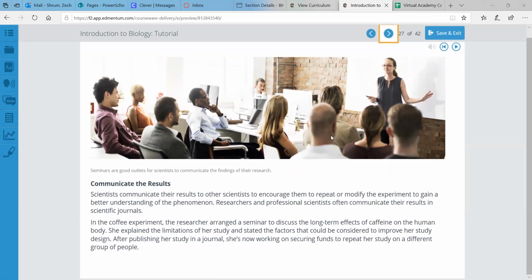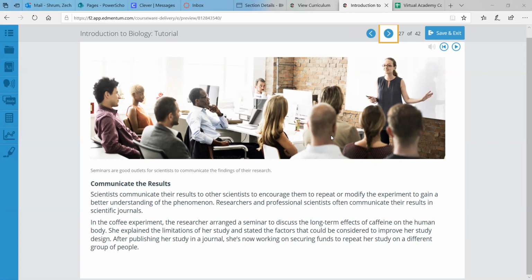And here's another big part of science, the collaboration, the collective observations of the natural world. Repeating and modifying experiments help us all better understand the world around us.